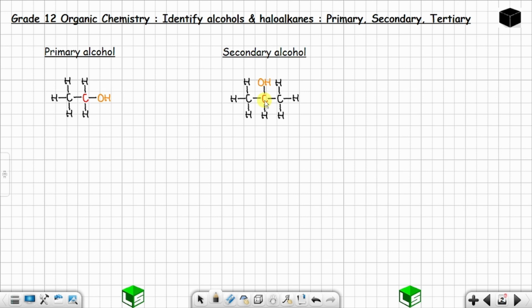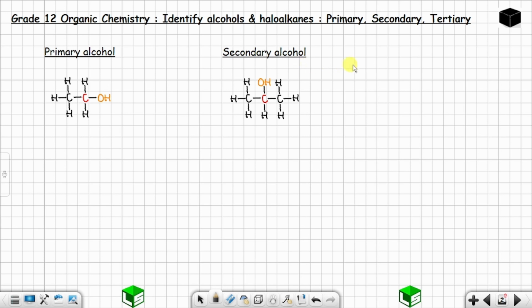And you have to check how many other carbon atoms are attached to that carbon atom, which is attached to the hydroxyl group. It is also attached to how many other carbon atoms? 1 and then 2. So when it is attached to 2 other carbon atoms, this will be known as a secondary alcohol.